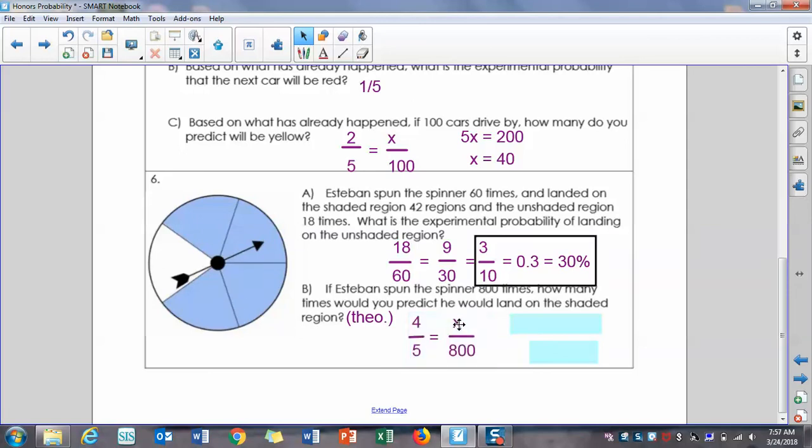Set that equal to x over 800. Now we're going to cross multiply. We get 5x is equal to 3200. And when we divide both sides by 5 to get x by itself, we get 640. So if we're predicting this, we are saying 640 times out of 800 should land on the shaded region.